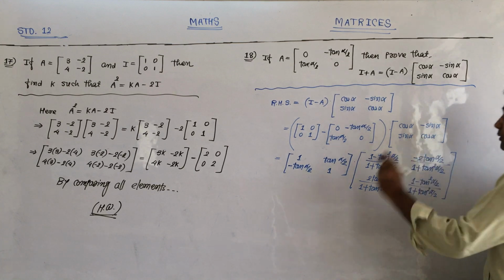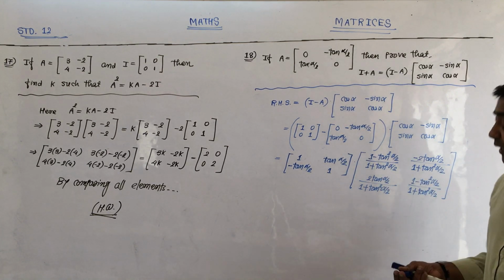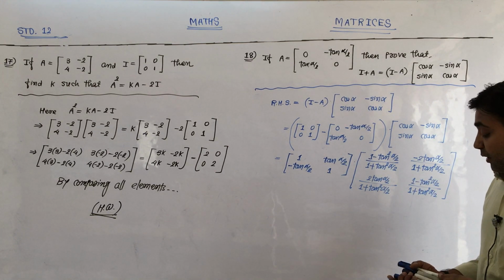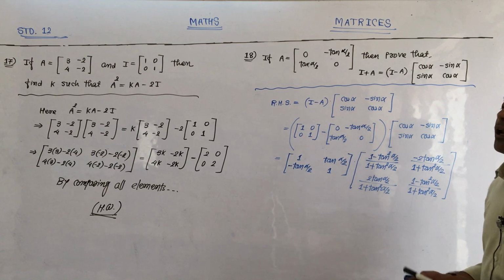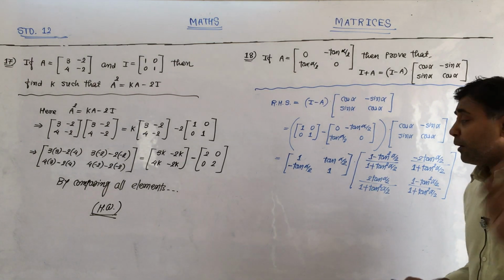Now see what happened. See this second matrix. 1 upon 1 plus tan square alpha by 2 is common from this.